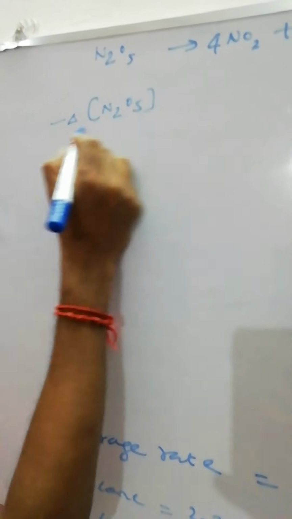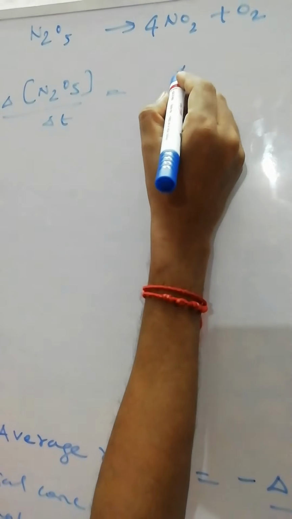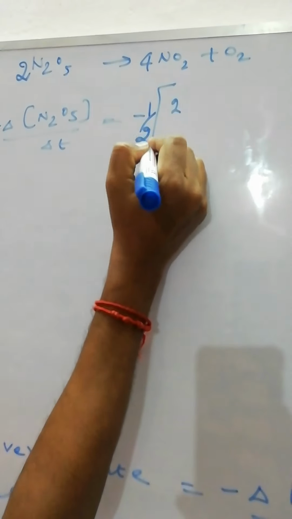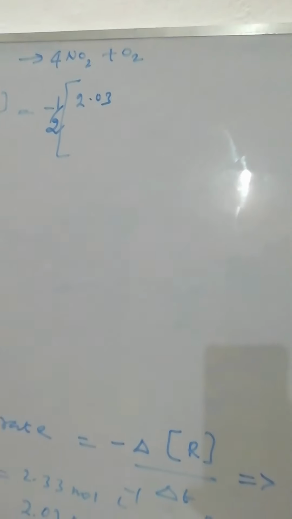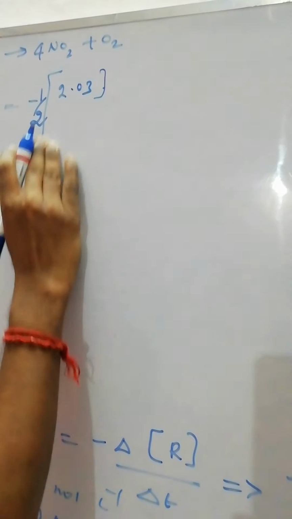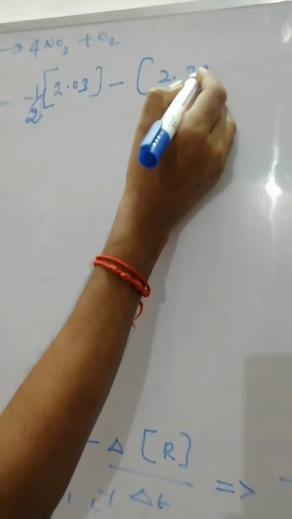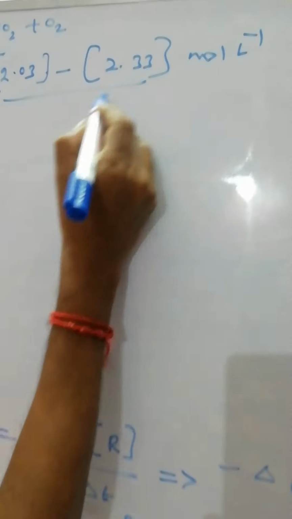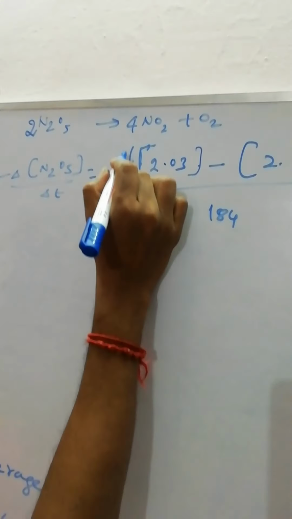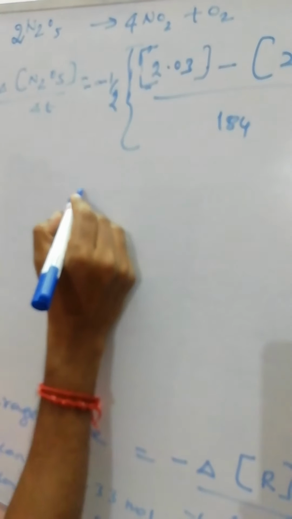We have to write minus 1 by 2 delta N2O5 by delta T. That is minus 1 by 2 into R2 minus R1, that is 2.08 minus 2.33 mole per liter, divided by 184.